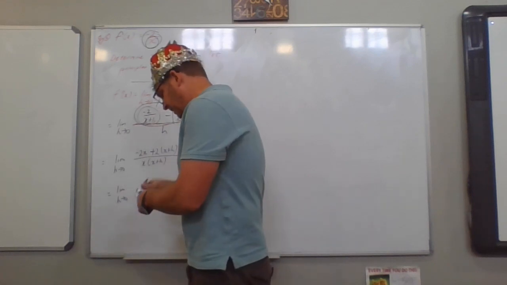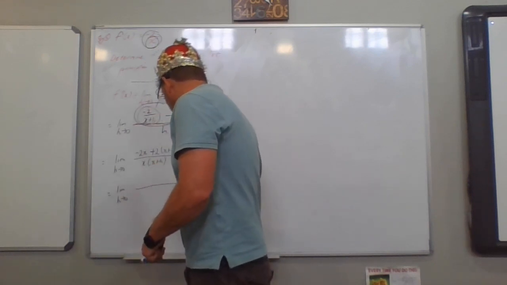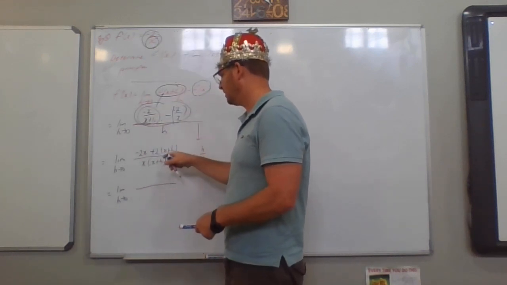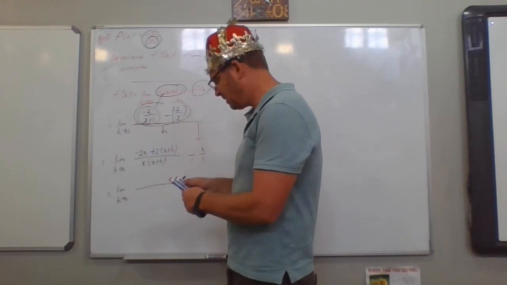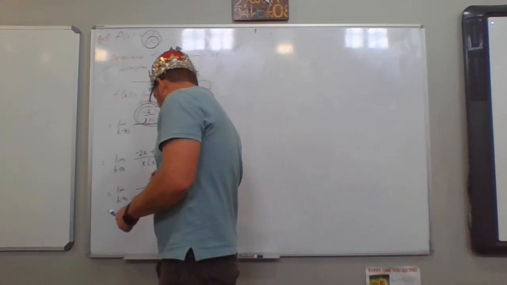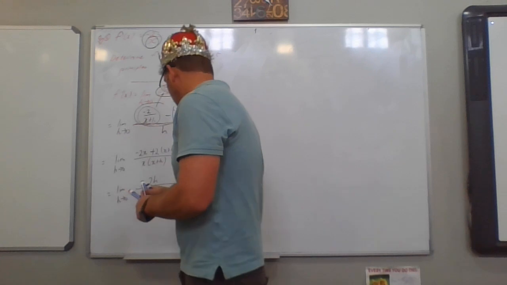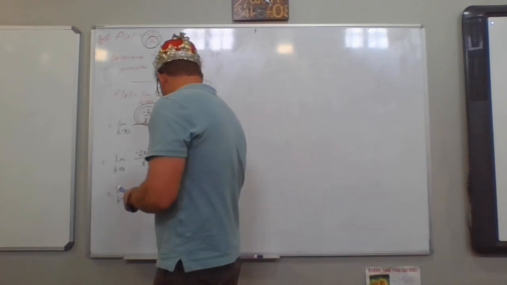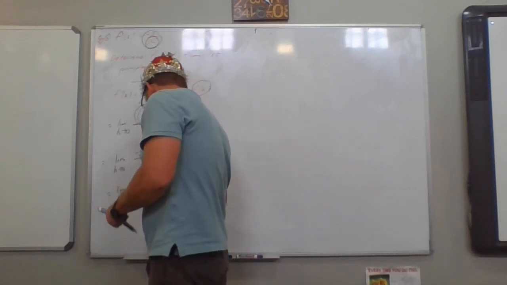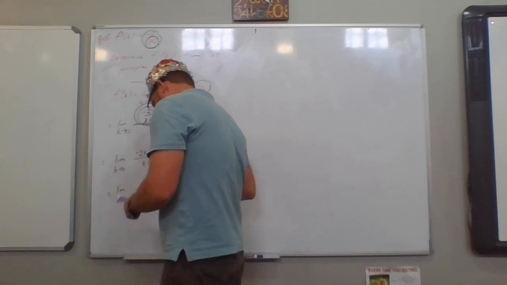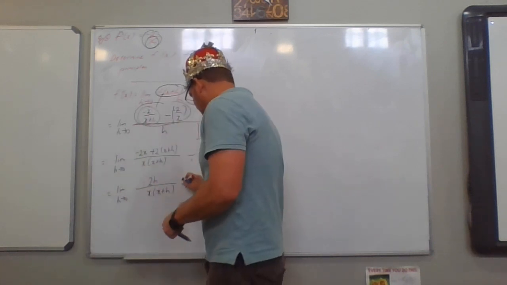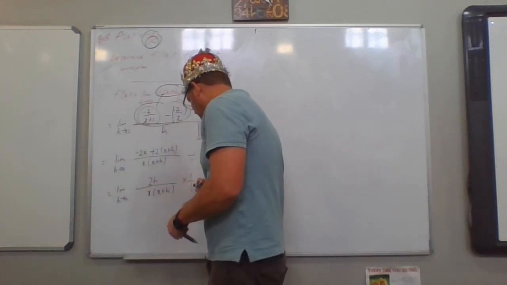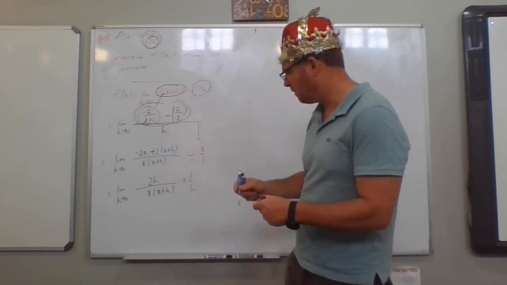So at the top over here, minus 2x plus 2x disappears, and I'm left with 2h over x plus h, and dividing by h is the same thing as timesing by 1 over h. Now what happens?